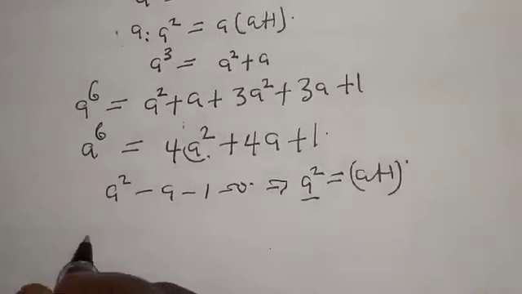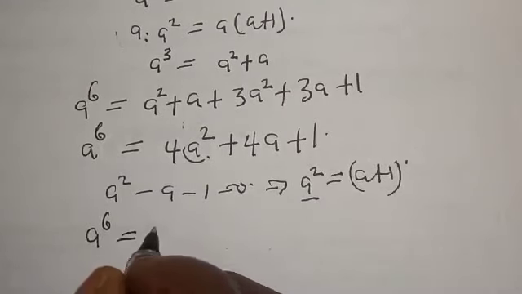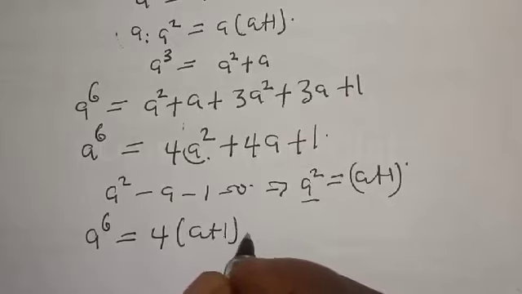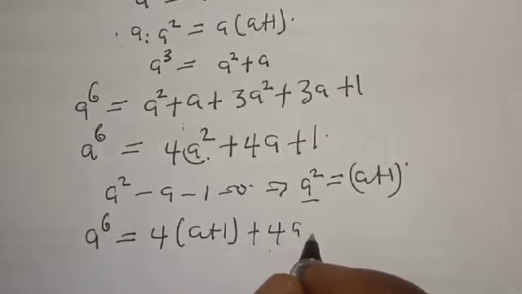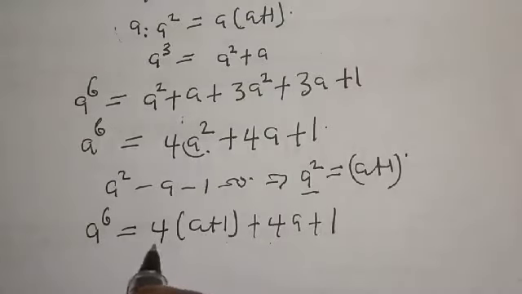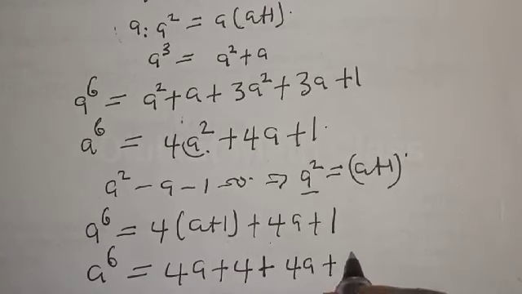This implies that we have a raised to power 6 to be equal to 4 into a plus 1 plus 4a plus 1. Now let's open this bracket. We have a raised to power 6 will be equal to what? 4 times a, 4a, plus 4 times 1, 4, plus 4a plus 1.